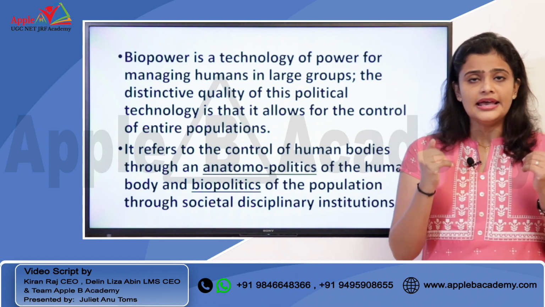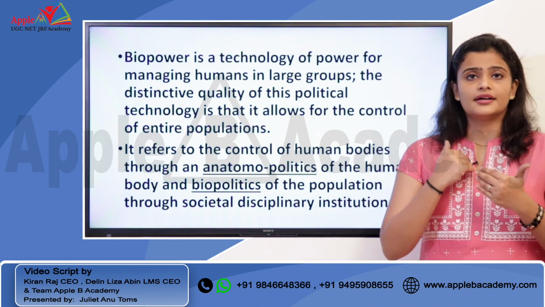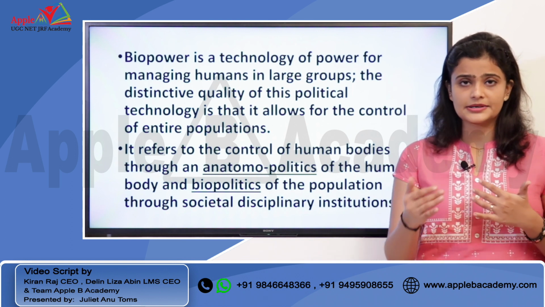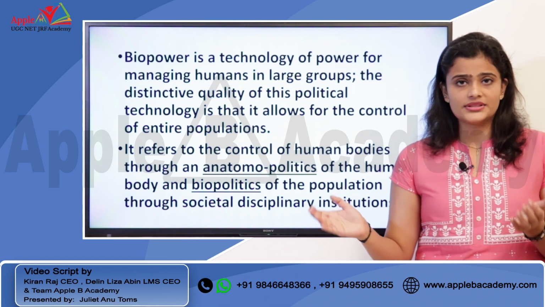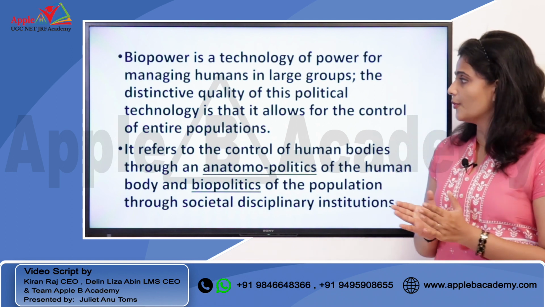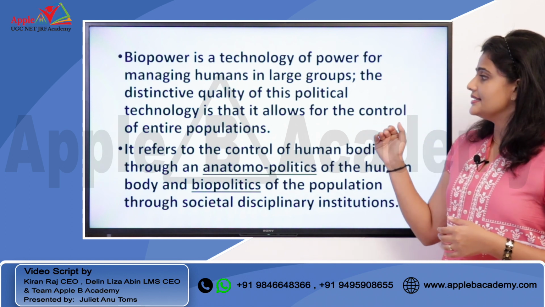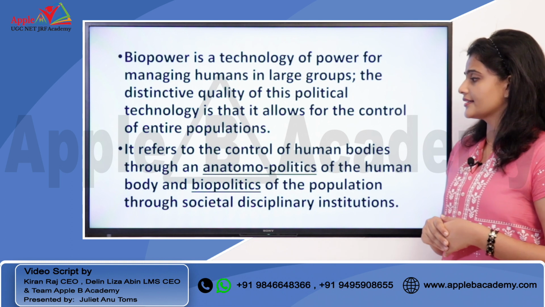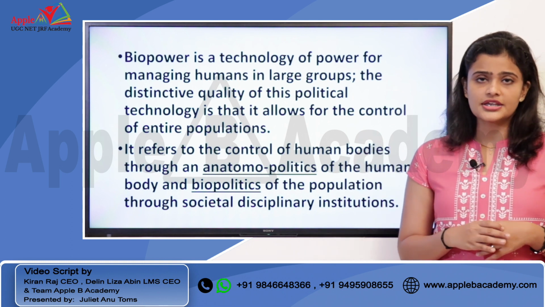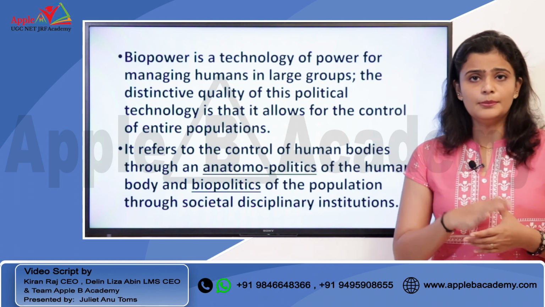When we divide people into different states, we are not regarding people by their identical features or their cultures, but dividing them by their territories. So we are managing a large population, managing humans in large groups. And the distinctive quality of this political technology is that it allows for the control of entire populations. Okay, so this is giving them the power to control the entire population.